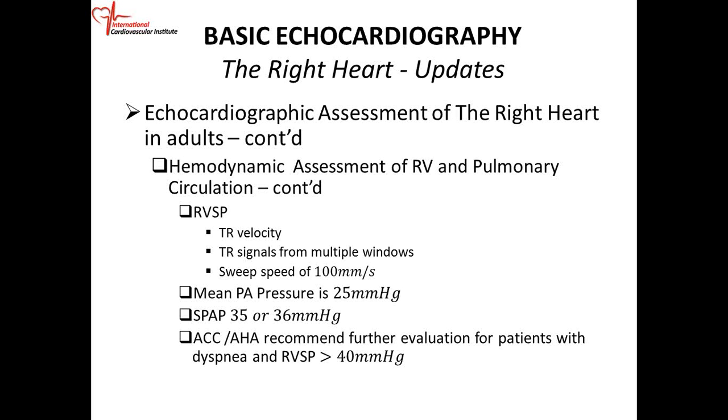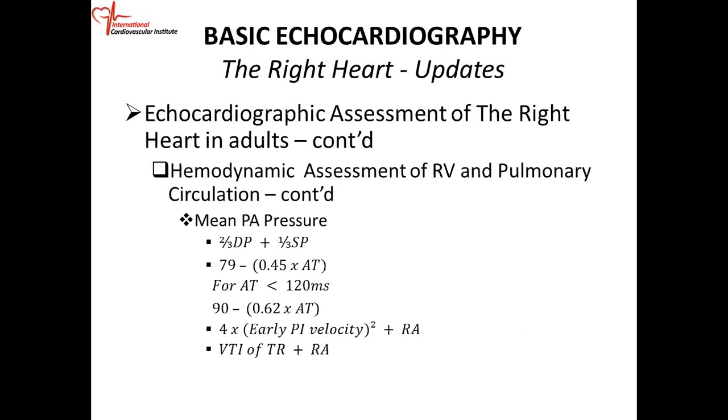The American College of Cardiology and the American Heart Association recommend further evaluation for patients who present with shortness of breath and a right ventricular systolic pressure greater than 40. So you have to do additional evaluation of these patients.